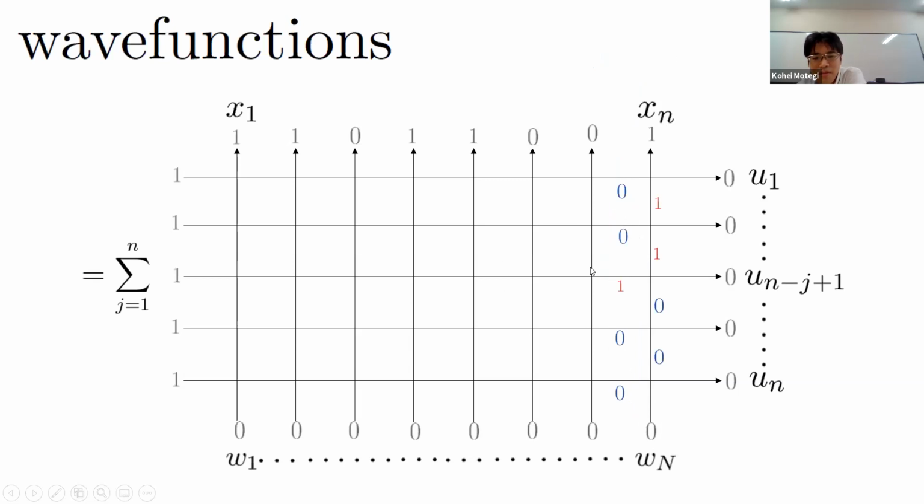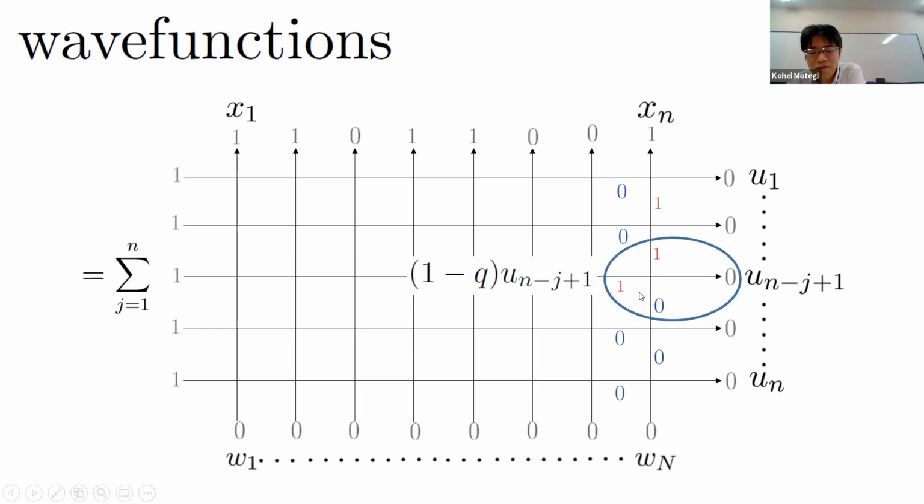Okay, and you consider all possible ways of putting 1 here. So it's a sum of these partition functions. And now recall the Boltzmann weights, I mean the R matrix elements.